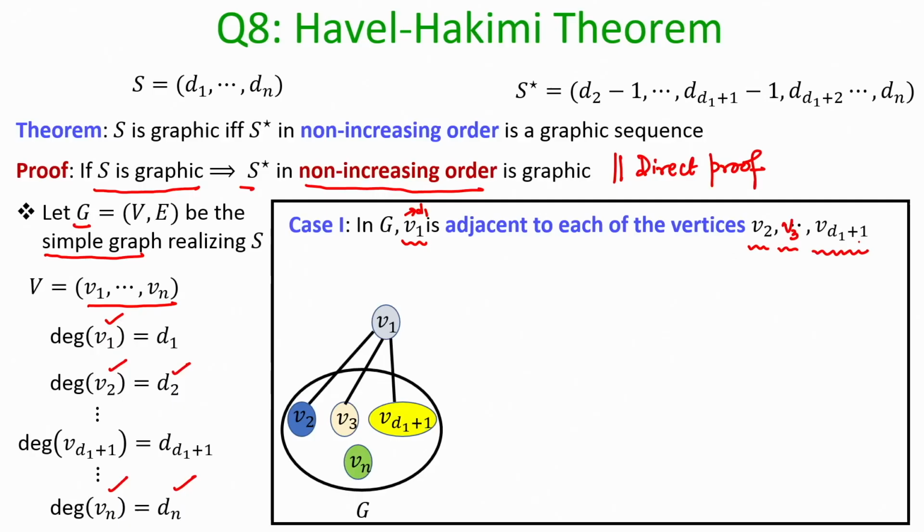Suppose that is the case. Okay. Case 2 will be when this is not the case, right. So, case 1 is when V 1 is adjacent to the vertex which has degree d 2, it is adjacent to the vertex V 3 which has degree d 3, and it is adjacent to the vertex which has degree d 1 plus 1.